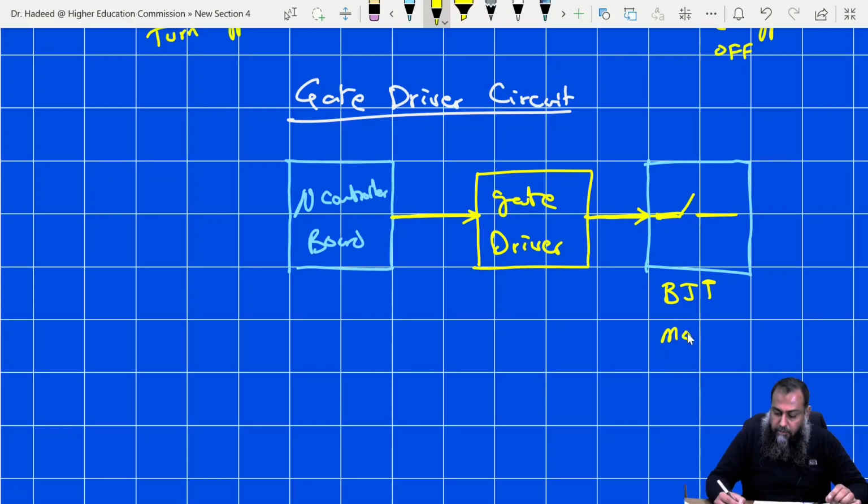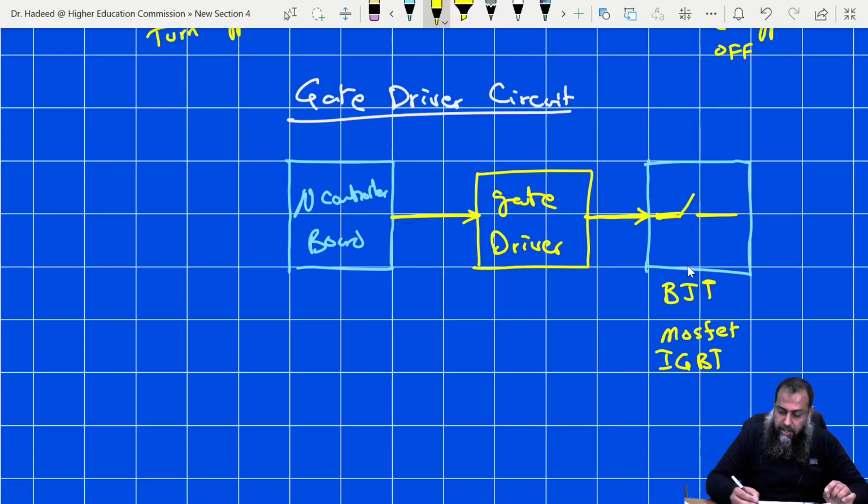Whereas for the MOSFET or the IGBT, where the main requirement is a voltage shift in the input voltage, we require something around 15 to 20 volts to turn the device into the deep saturation region, and we also need a substantial amount of current to charge and discharge the input capacitance of these devices. So based on the type of the device, the gate driver circuit can vary.